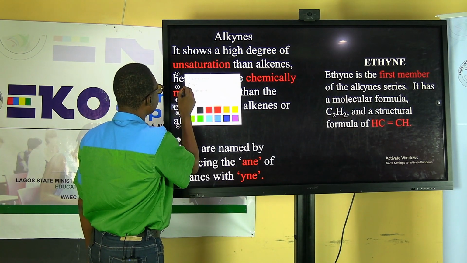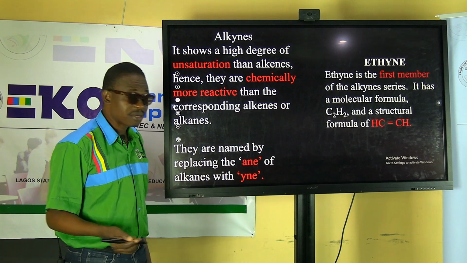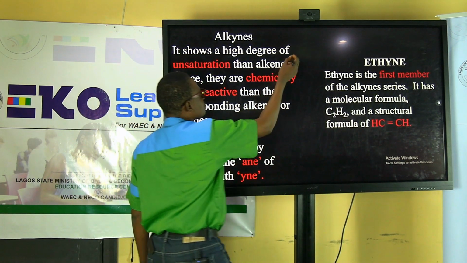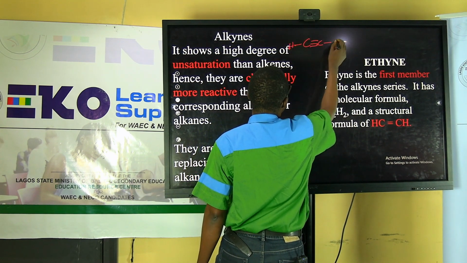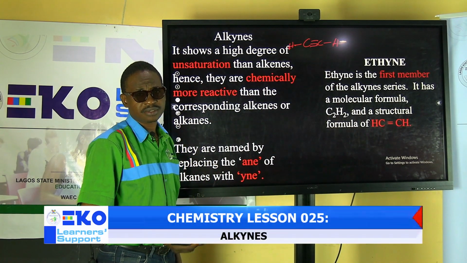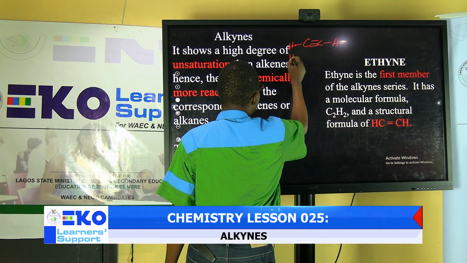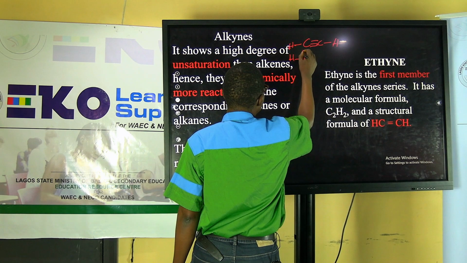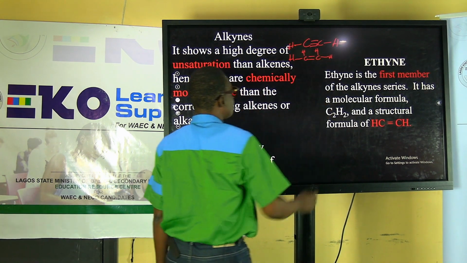Let me pick my pen. Alkynes show a high degree of what? Unsaturated hydrocarbon than alkenes. Why? You remember that they have what? A triple bond in between them. Therefore, there are 4 available electrons that make them more reactive than alkenes with just 2, with just what?